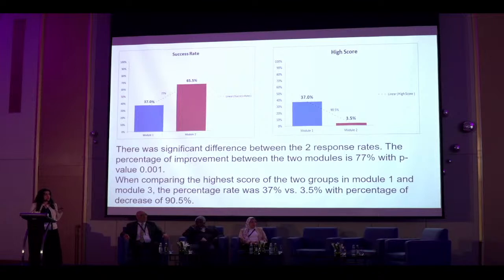As we can see here, in Module 1, 37% of students got the success mark, while in Module 3 the success percentage was 65.5%. This means that there was a 77% improvement from Module 1 to Module 3 in the success percentage. But what about the maximal score? Fewer students acquired the maximal score in Module 3.